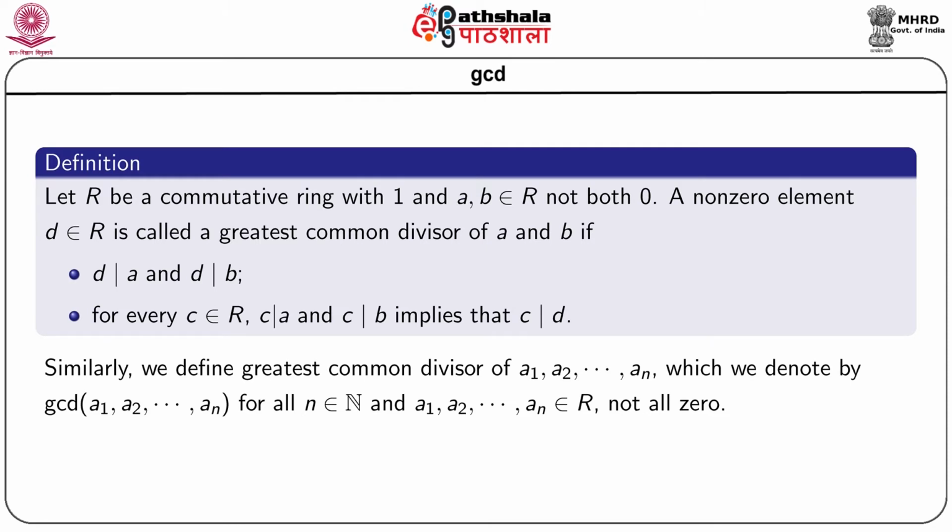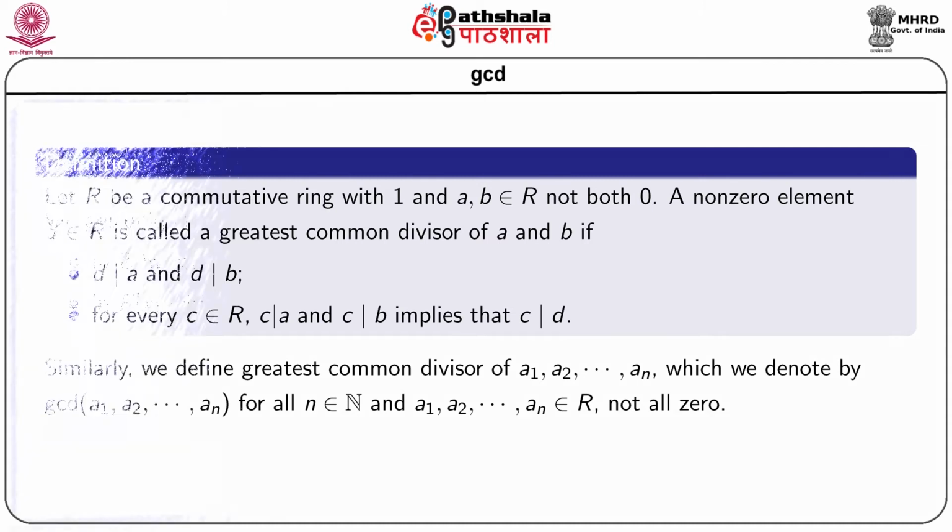Similarly, we define the greatest common divisor of any n elements a1, a2, ..., an, if not all 0, and we denote this GCD by gcd(a1, a2, ..., an).